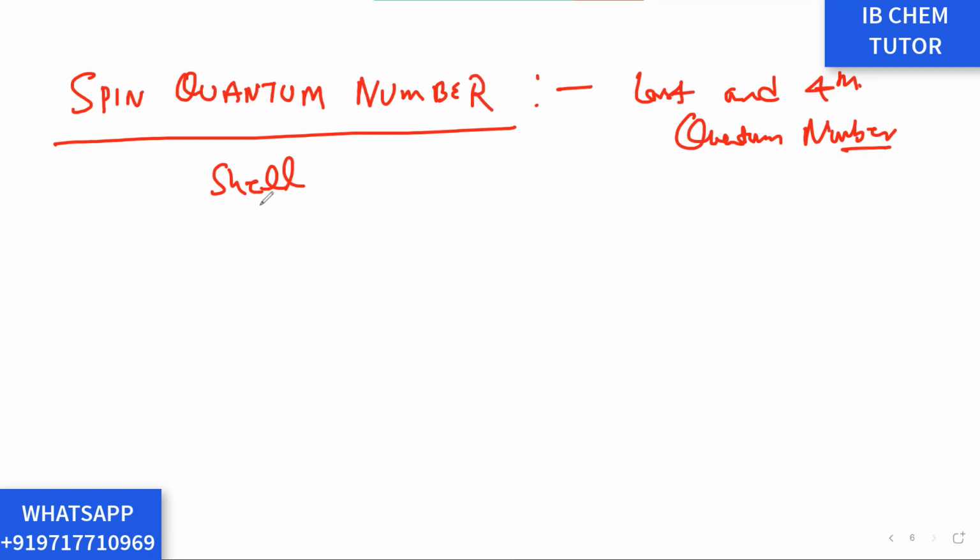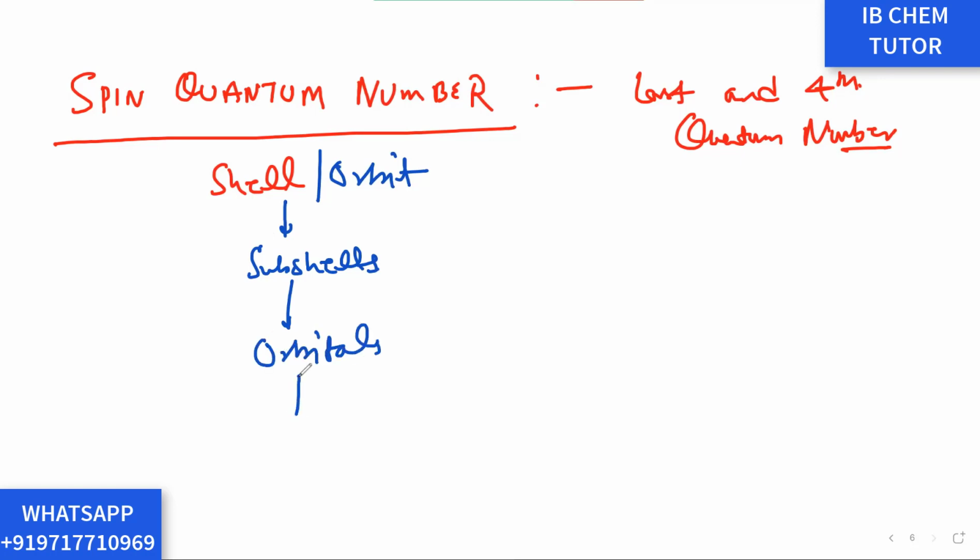If you go with the series, shell or orbit, what does it have? Subshells. And what do subshells have? Orbitals. And what do orbitals have? Electrons.